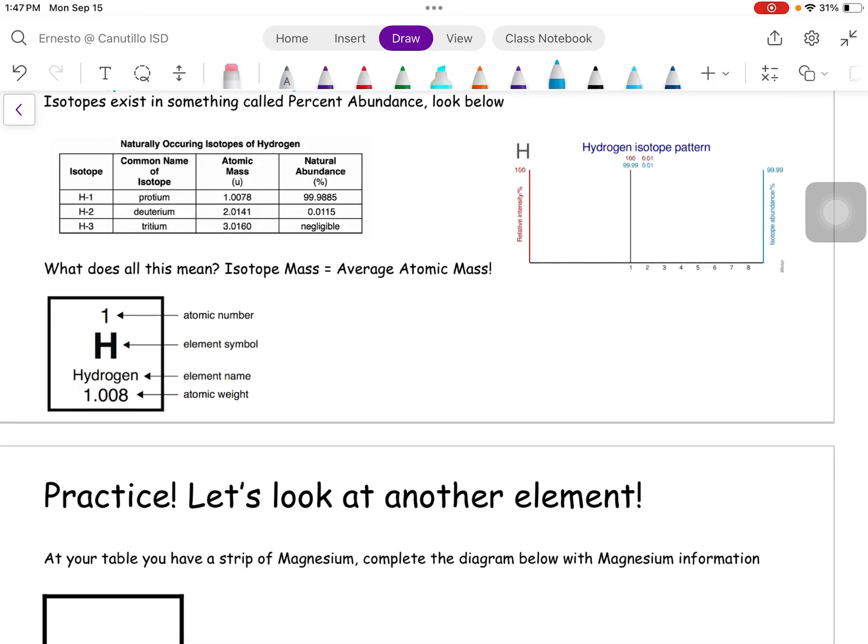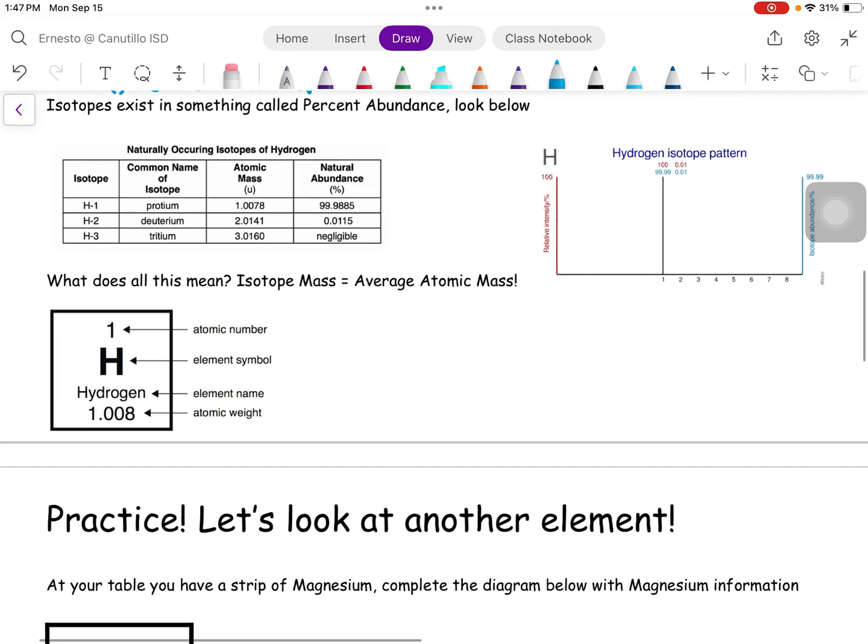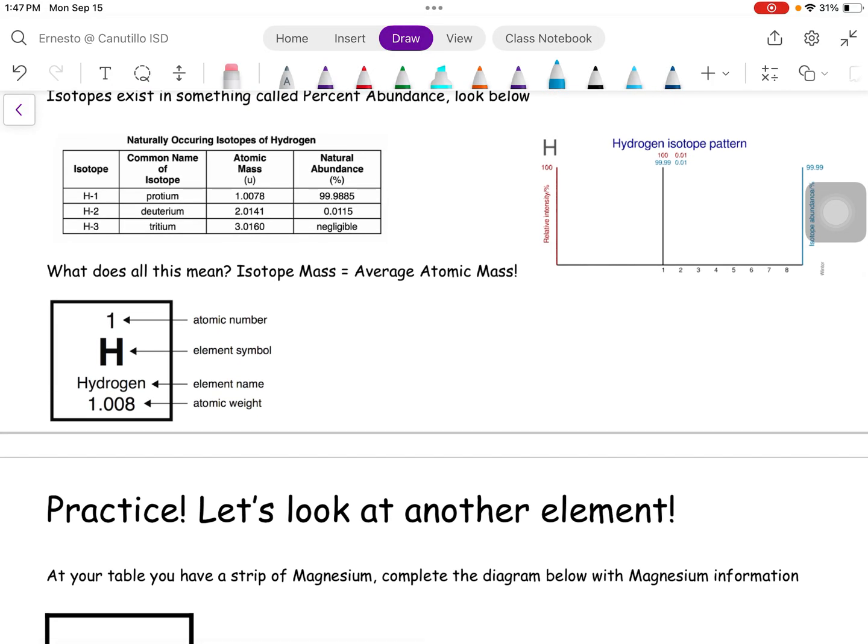So when we're talking about percent abundances, here's what I'm talking about. On the table in your notes, you have the list of 3 isotopes of hydrogen: H1, H2, H3. Then you have the names, protium, deuterium, and tritium, which we've already discussed. And you have the atomic mass of each one.